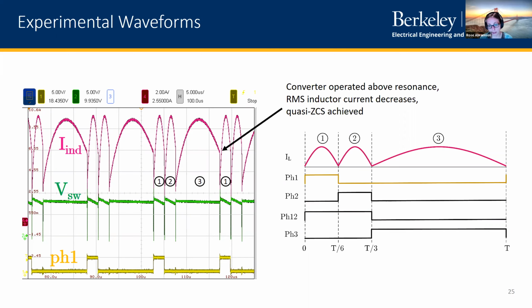And also by operating above resonance, we no longer have to exactly match the resonance frequency of the effective capacitor network and the inductor. So we don't have to worry about part tolerances for those components.